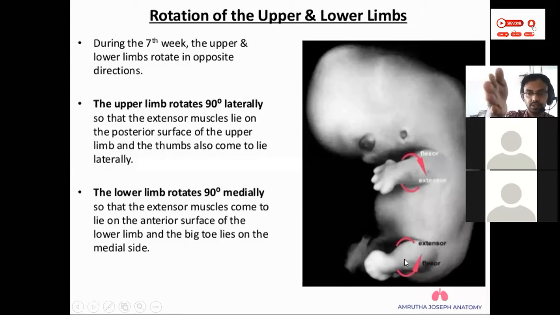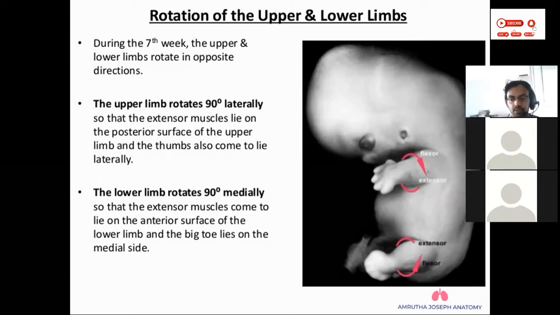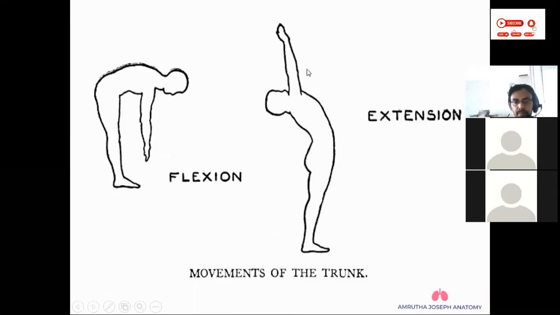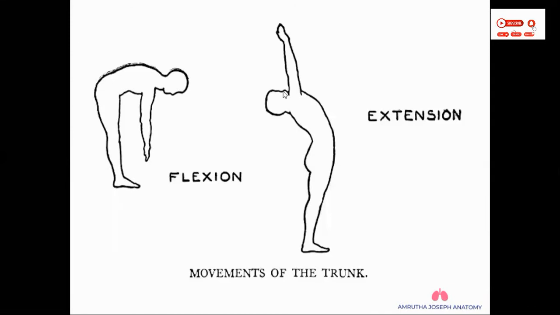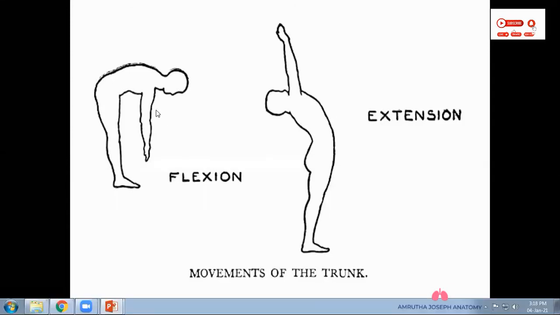So the rotation is like this, medially rotated. So this surface, extensor, becomes flexor. It is because of the rotation that this happens. Anyway, coming to other movements, this is flexion of the trunk and this is extension of the trunk.